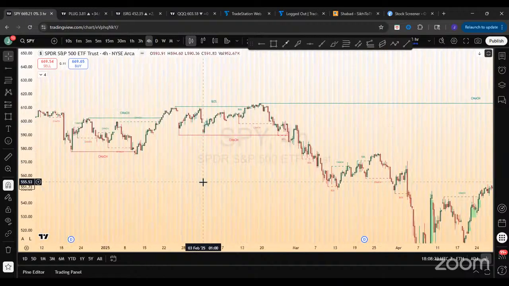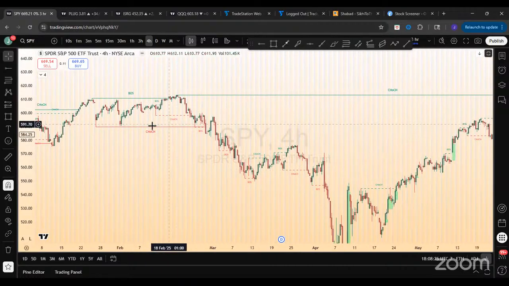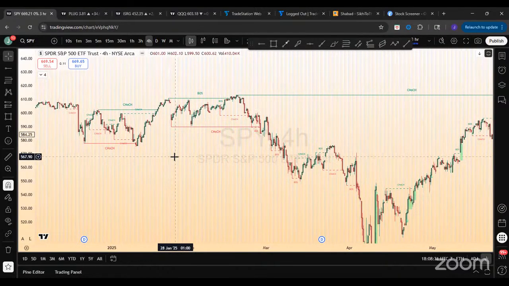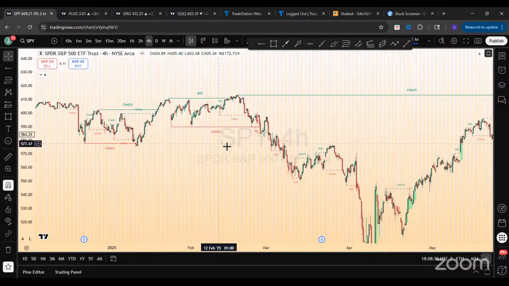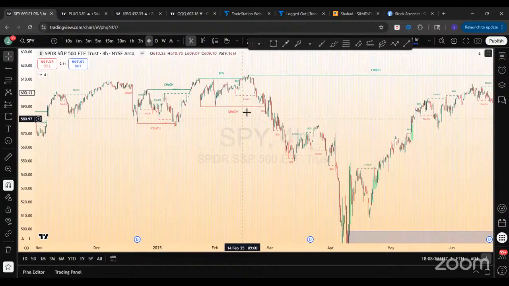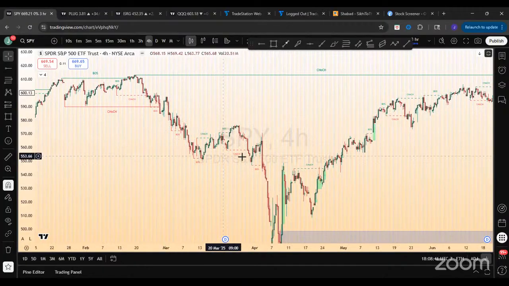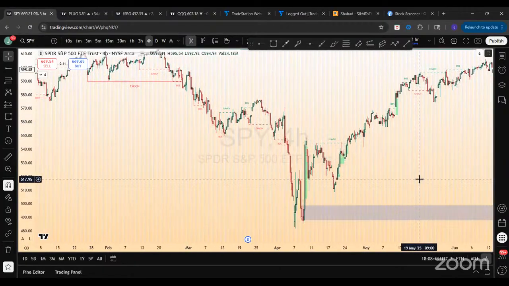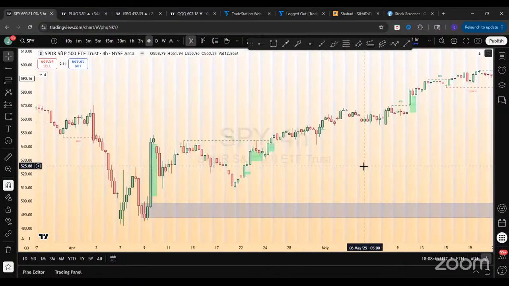But when the swing bearish change of character came, that was the red flag, the warning sign that things can go not up but down, and it did. It went significantly down.